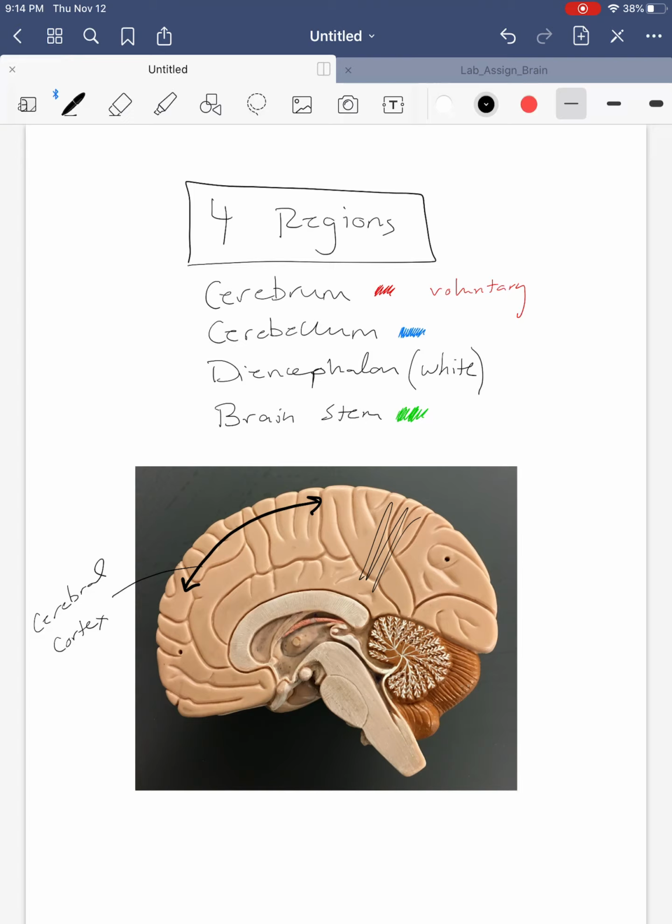We're going to see this a lot as we continue to go through the body systems. We're going to talk about the adrenal cortex, which is the outer rim of the adrenal gland. We're going to talk about the renal cortex, which is the outer rim of the kidneys. So cortex just means outer. In this case, it's the cerebral cortex, and this is going to be made up of white matter.